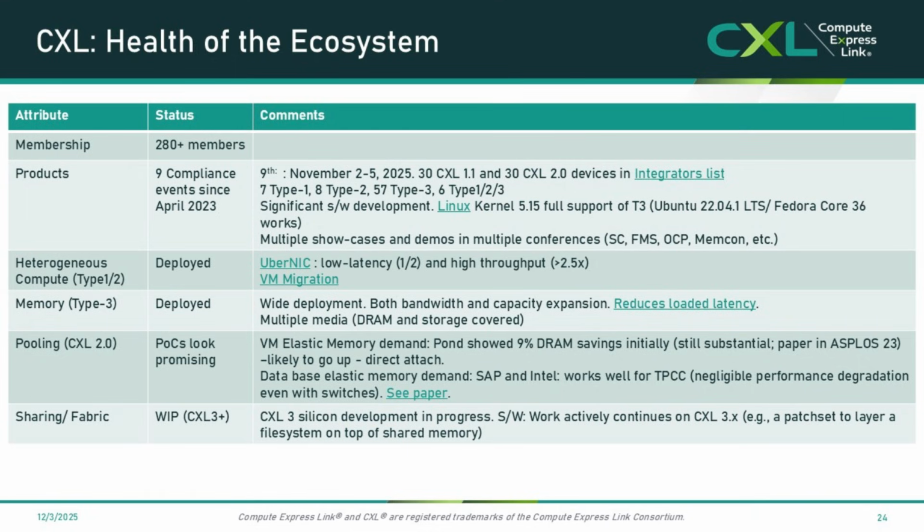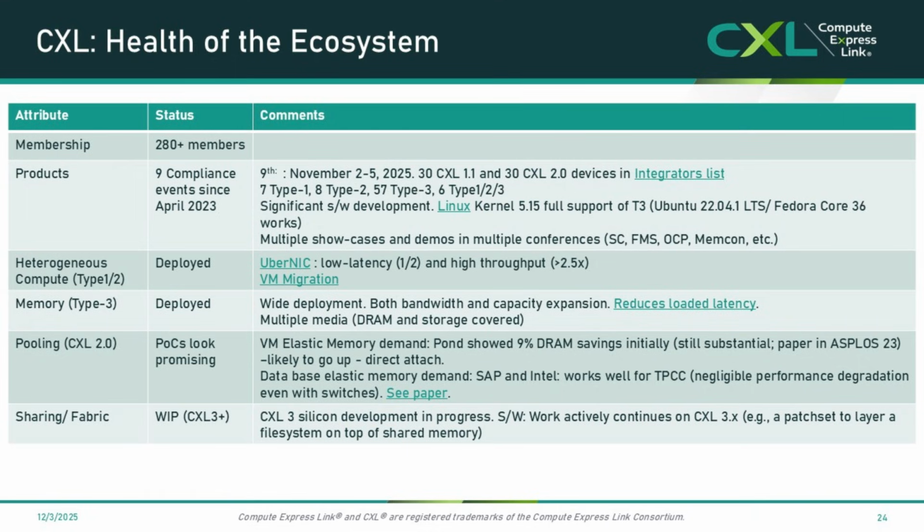And again, this is really showing where we are in terms of progress. We have 280-plus members that are active and participating in the consortium. One way to measure where the deployments of products are is to look at compliance. We had 9 compliance events in 2023, and lots of products have been brought in for compliance.